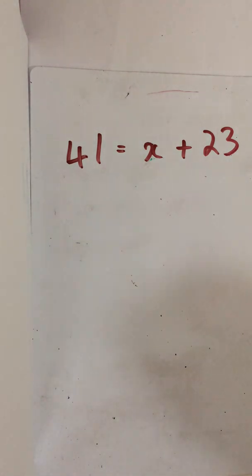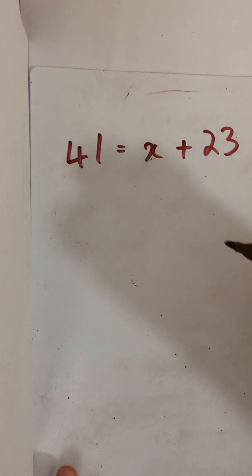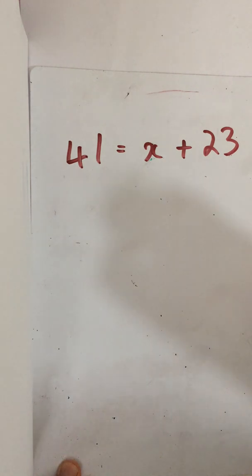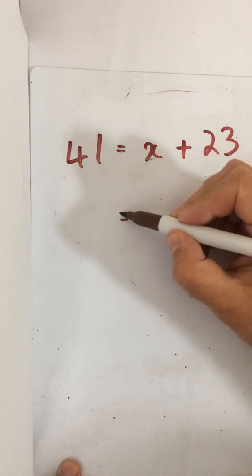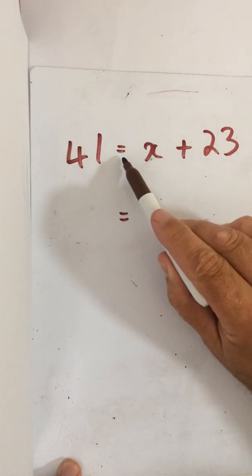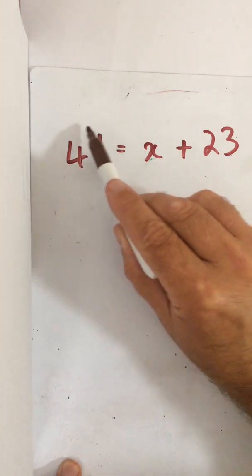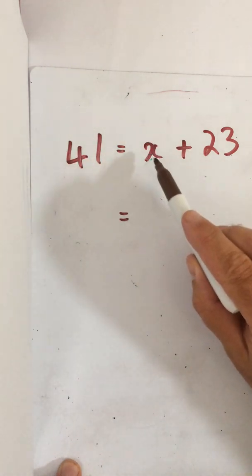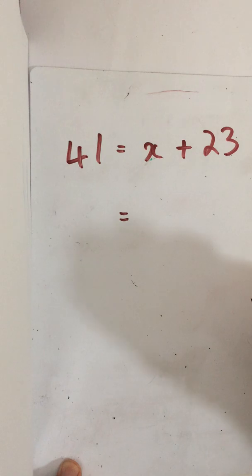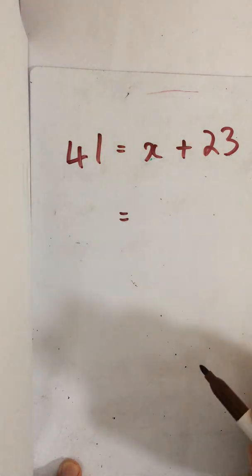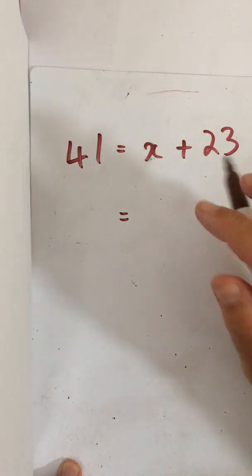Now, when I'm doing this equation, it doesn't actually matter which side of the equal sign x is. Now remember, all this equal sign is telling us is that the value on this side of the equal sign is the same as the value on that side. Now when I get to these sort of equations, I like to swap them over.